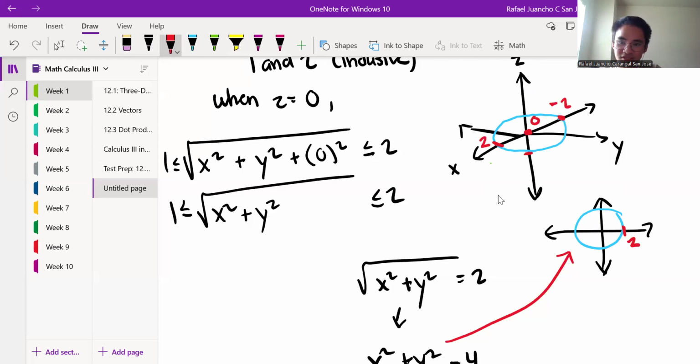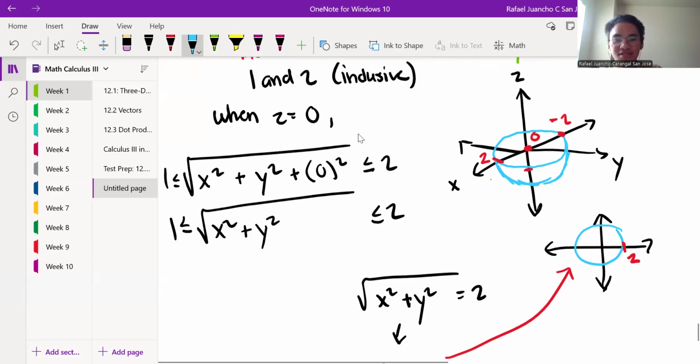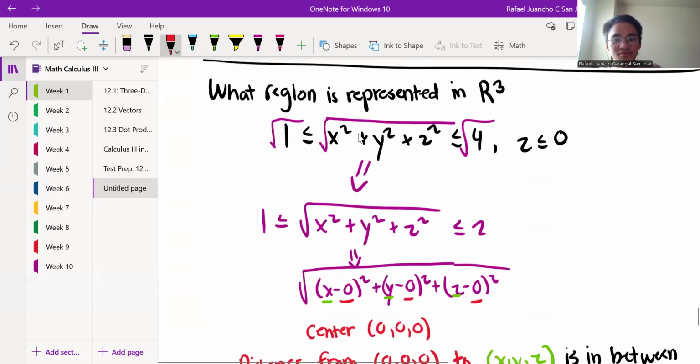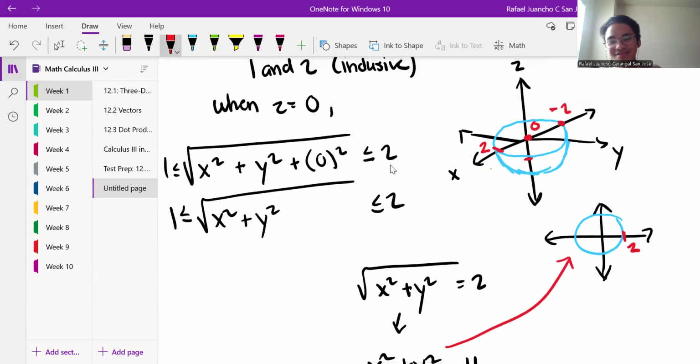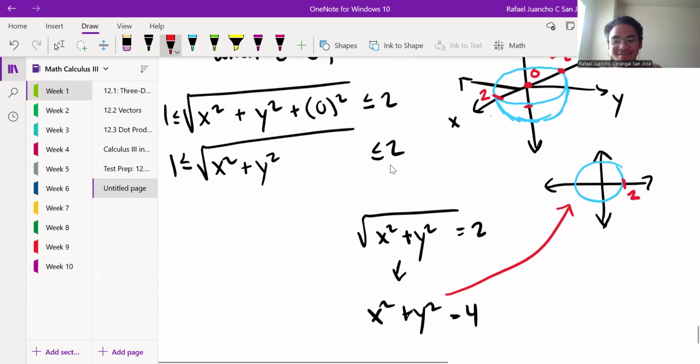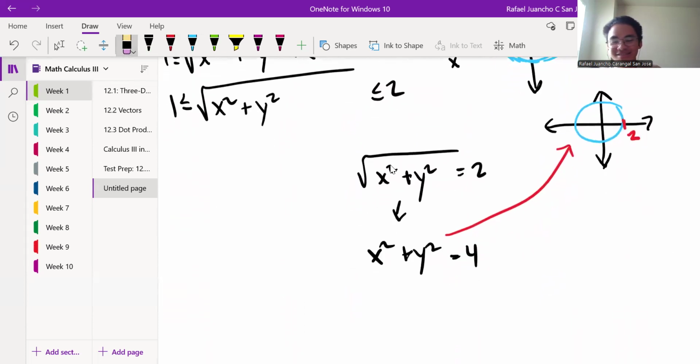So this must mean this is negative 2, right? Yeah. And then now we keep going down. It's just a sphere. Because that whole thing is just a sphere. Initially, it was supposed to be a full sphere, but there's a restriction that z is less than or equal to 0. So we're only looking at a half sphere, right? So that's that.